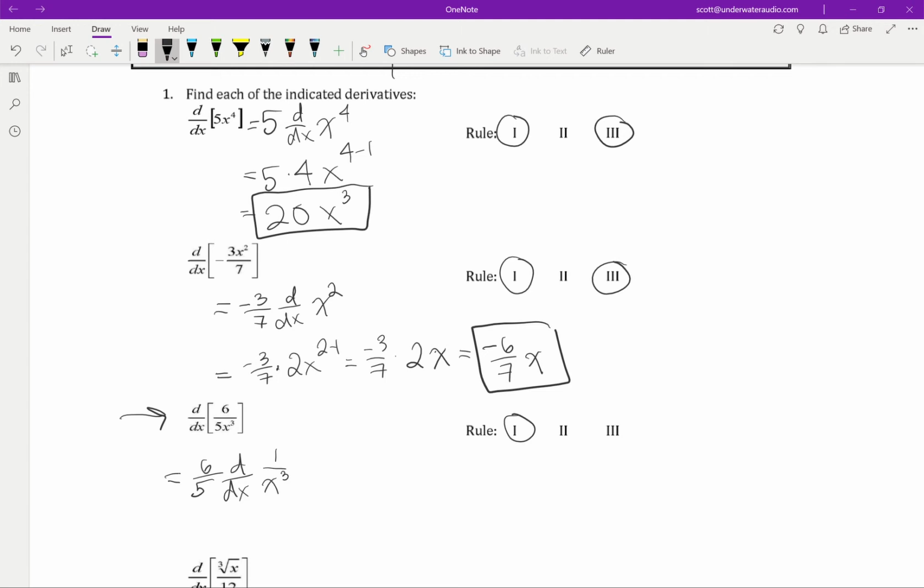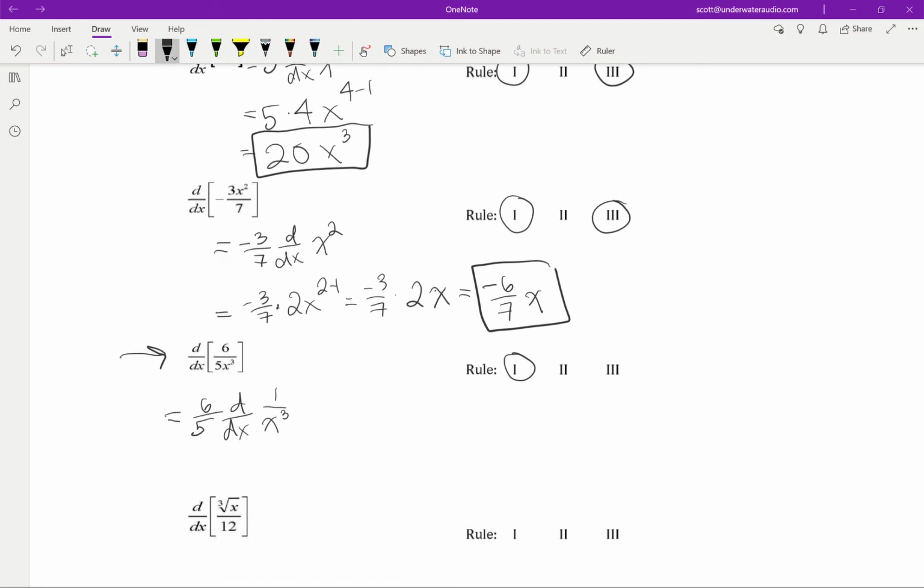And a little tip here is it's always good to make your exponent be on the top. So it's always a good idea to rewrite it as 6/5 d/dx of x to the negative 3 power. The reason why that's good is because this is something I actually know how to differentiate.